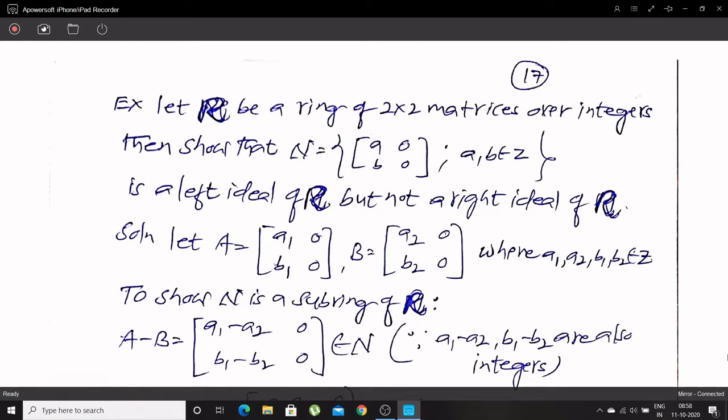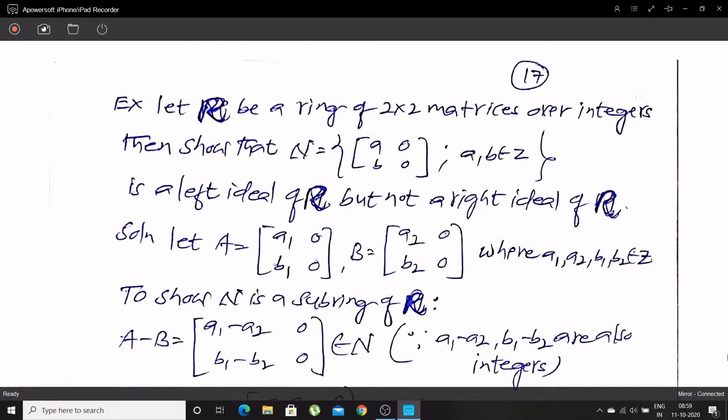But here the condition is the second column elements are strictly 0. The first column elements A and B both are integers. We have to show that it is a left ideal but not a right ideal of a ring R. To work out this example, we need to take two matrices of the same type.